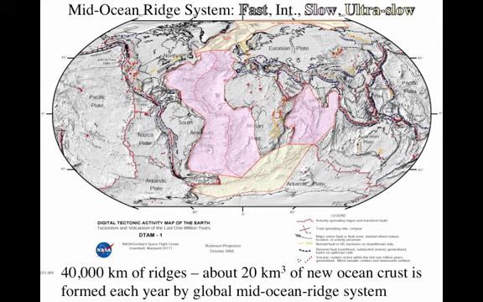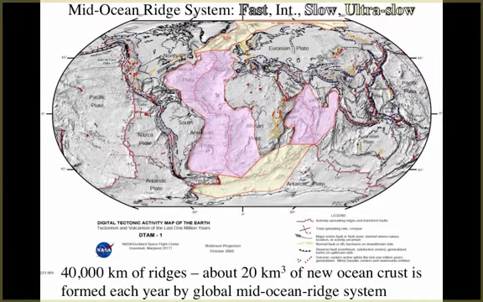Now we can consider the different kinds of spreading centers globally. Spreading centers range from fast to slow and even ultra slow. You can see that the Mid-Atlantic Ridge is considered a slow spreading center.